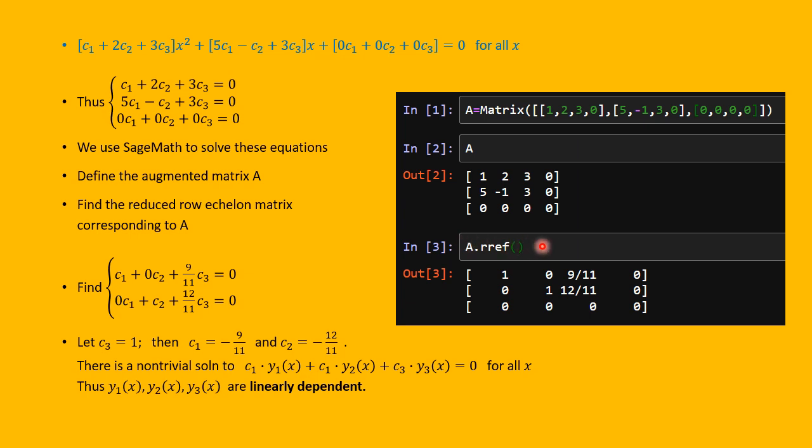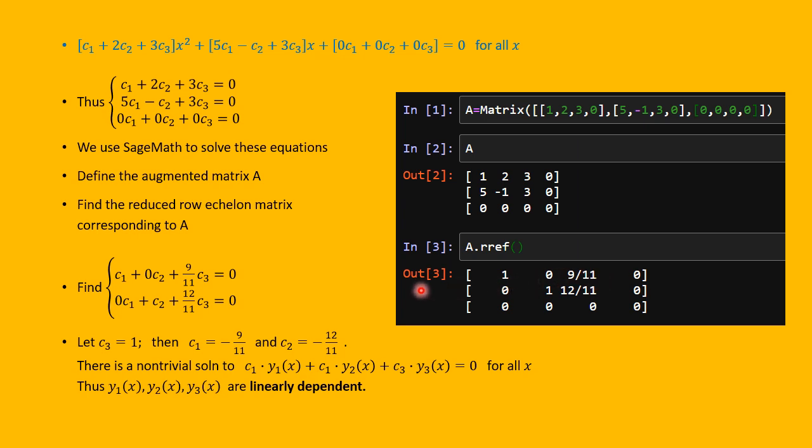When we execute this line of code, we get this matrix. This matrix, if we think of it as corresponding to a system of linear equations, has the same solution set as the matrix up here, this augmented matrix.